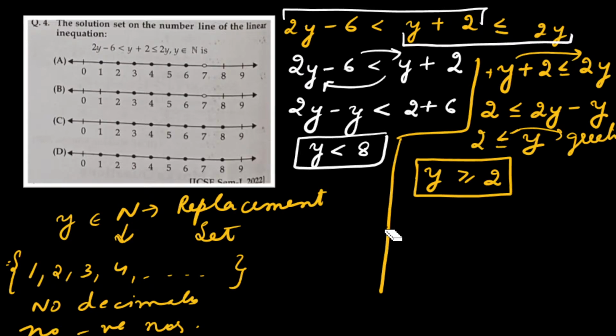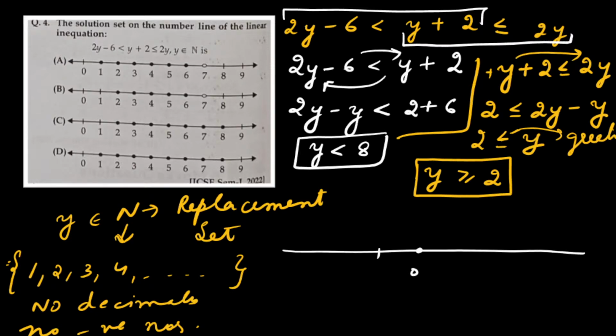If you see the number line, we have to choose our numbers from natural numbers. So if we are writing the number line here, this is 0, here negative integers are there, and here on the right side I have positive integers. First of all, y is greater than or equal to 2. So that means 2 is also there, since the dark dot means the point is included. 3 is also there, 4 is there, 5 is there.